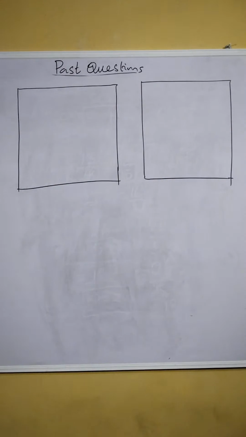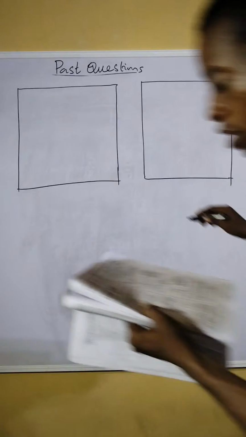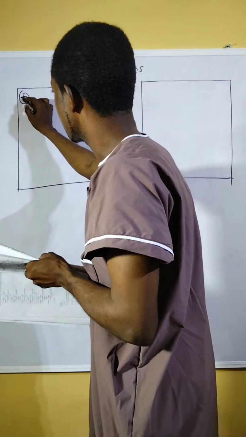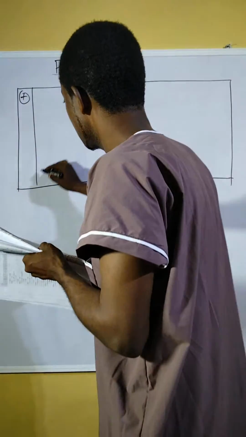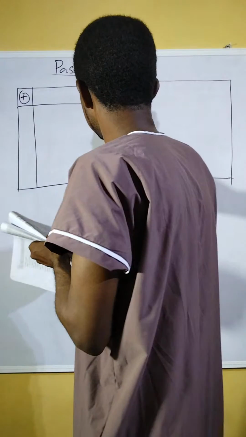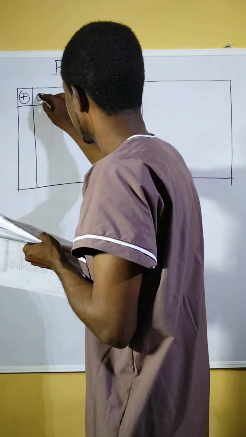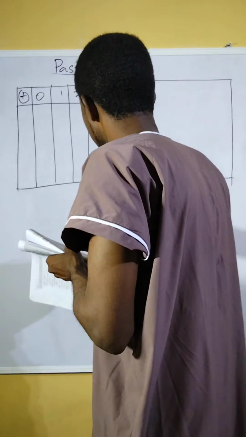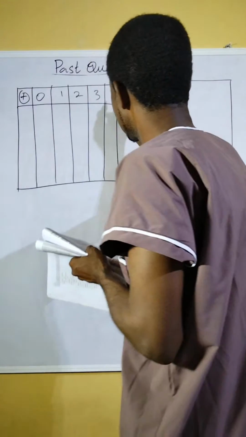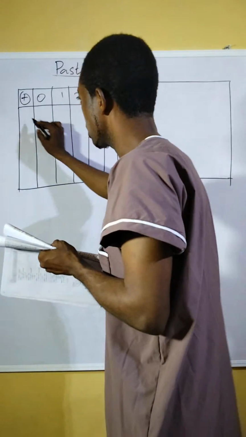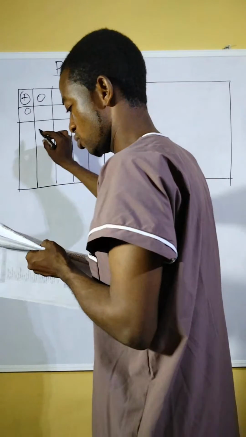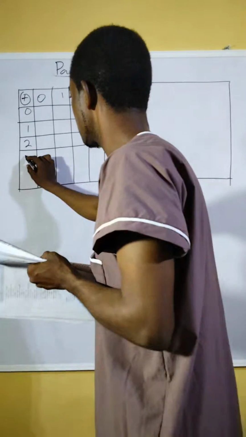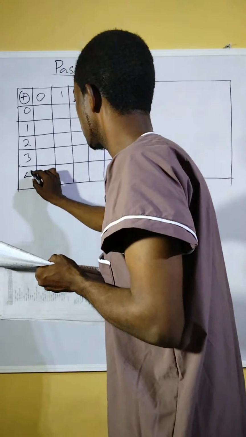So let's look at what we have inside here. Here the operation is addition. Then we have the numbers 0, 1, 2, 3, then 4. Also here we have 0, 1, 2, 3, then 4.